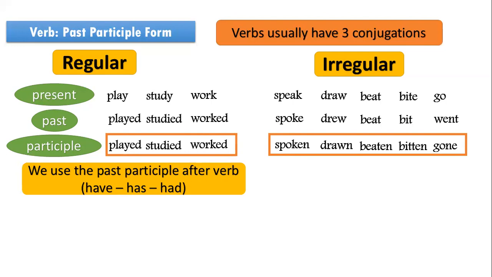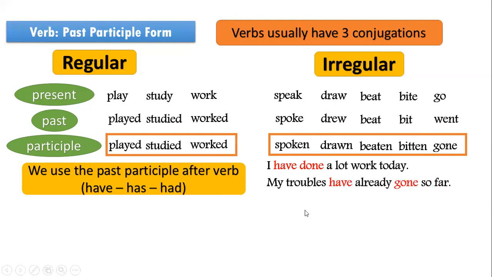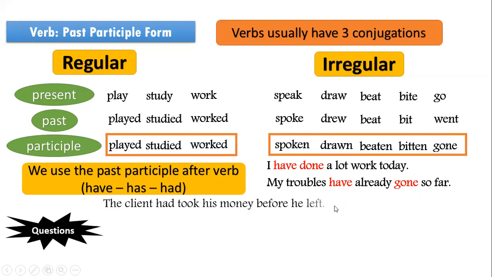Yes, I have done a lot of work today. Because I have the word "have," I say "done," not "did." My travelers have already gone so far. I say "gone" because I have the word "have." Questions: "The client had took his money before he left." Is it correct?